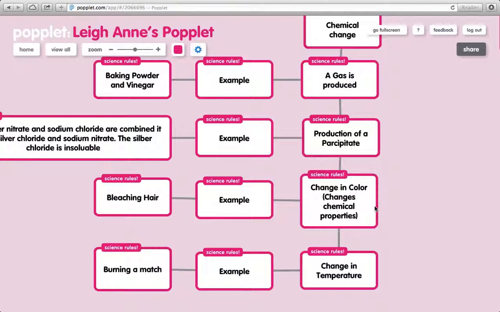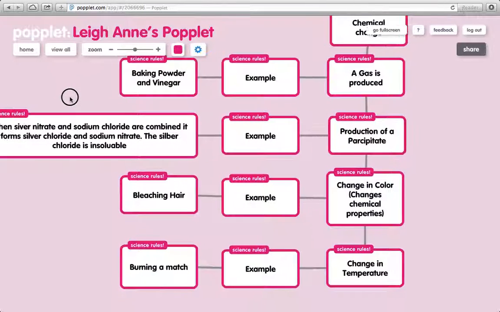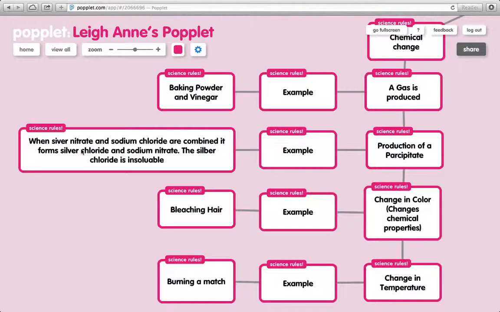So for the first Padlet right here, I gave an example, which is baking powder and vinegar, and we can all see how that produces carbon dioxide gas because it bubbles and it fizzes when it reacts. My second example for the production of a precipitate is when you add silver nitrate and sodium chloride together.